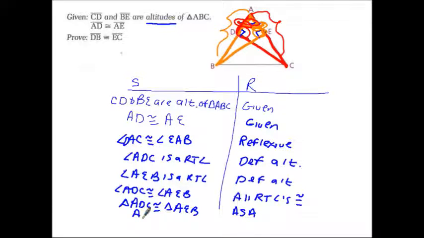AC is congruent to AB, CPCTC. Now, here's what we know. We know those big pieces are congruent, and we know these little pieces are congruent. There's an overlap that's going to happen. If I take out this overlap from the big segments, I'm going to be left with DB is congruent to EC by subtraction.